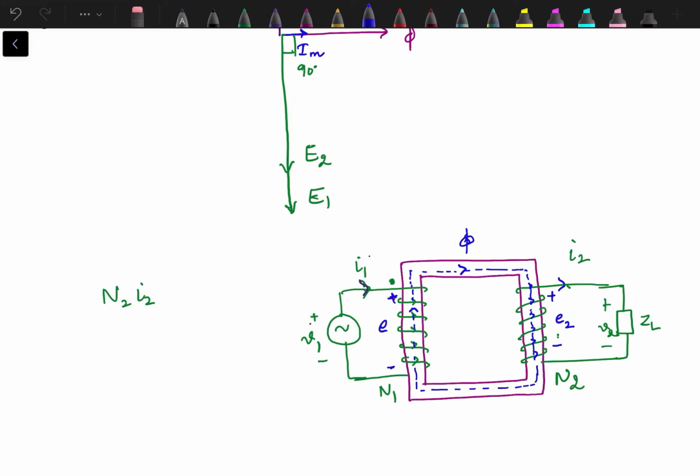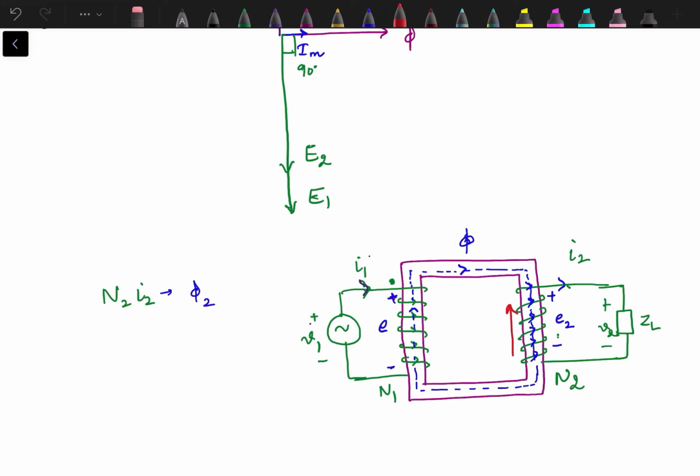There is flow of flux. We can find out the direction of that flux. Let's say that flux is phi 2. Since current is flowing in this direction, by the right hand rule or the screw rule, when we try to find out the direction of flux, the direction of flux is like this, phi 2.